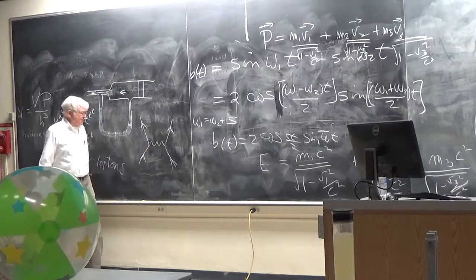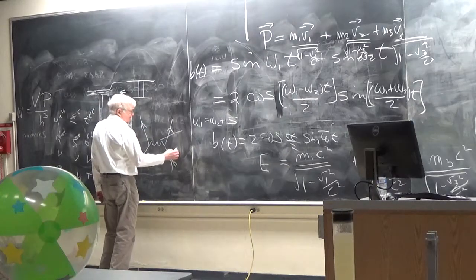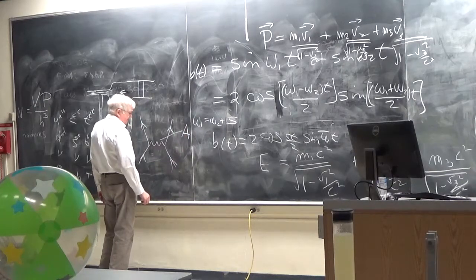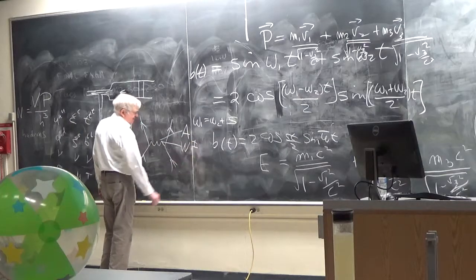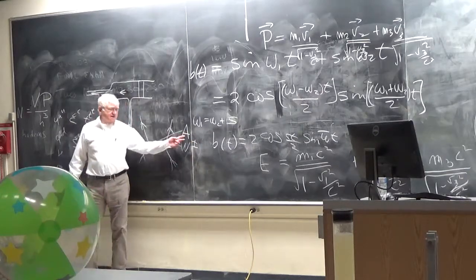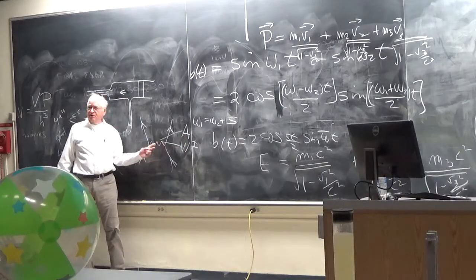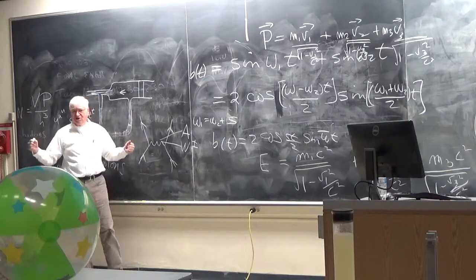And these bosons could be the photon, which I guess I can write as A, or they could be a W boson, plus or minus. Now the photon, of course, is massless, and so it's very easy for 2 particles to exchange a photon. In fact, they can be far apart and still exchange a photon.